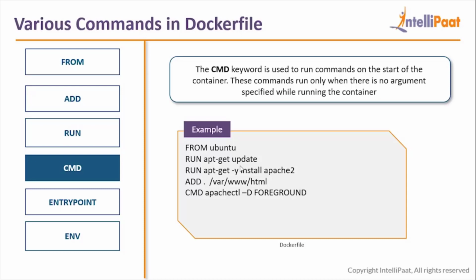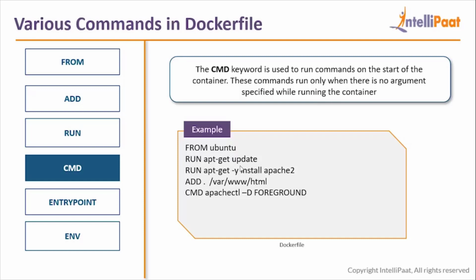But when you pass it using the command CMD, which is nothing but all the commands that run at startup time, whenever the container starts, this command will execute automatically if you specify it under CMD. So CMD apache ctl -D foreground would do nothing but run Apache the moment the container starts, and this is exactly what we want.